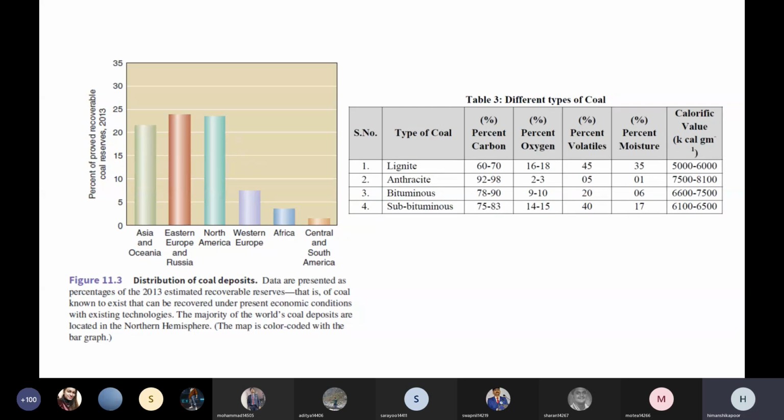It was due to coal that we could power our steam engines, and it was coal that supplied the energy for the industrial revolution. So coal has played a very important role in the development of the human race. That is why it is being used as a conventional energy resource.